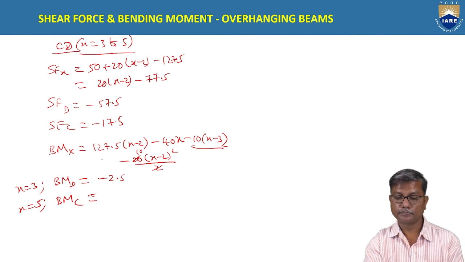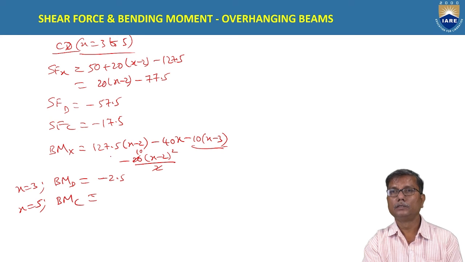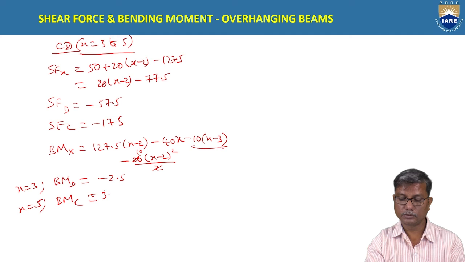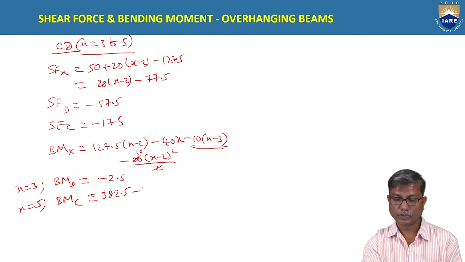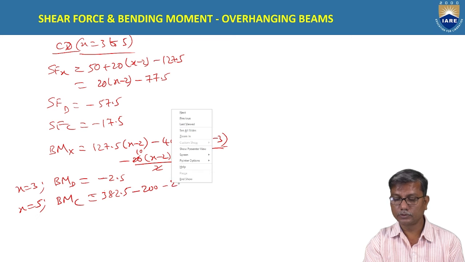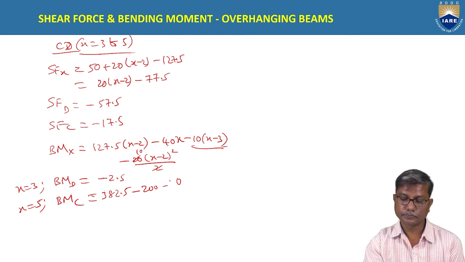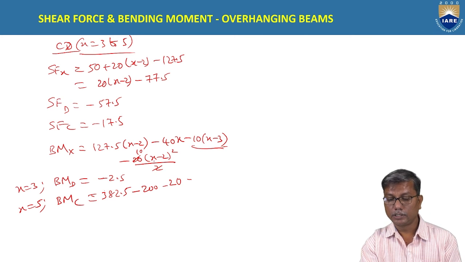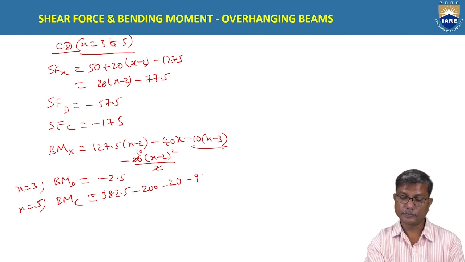So it becomes 360 plus 22.5, 382.5, minus 40 into 5, 200, minus 10 into 2, 20, minus 10 into 9, 90.